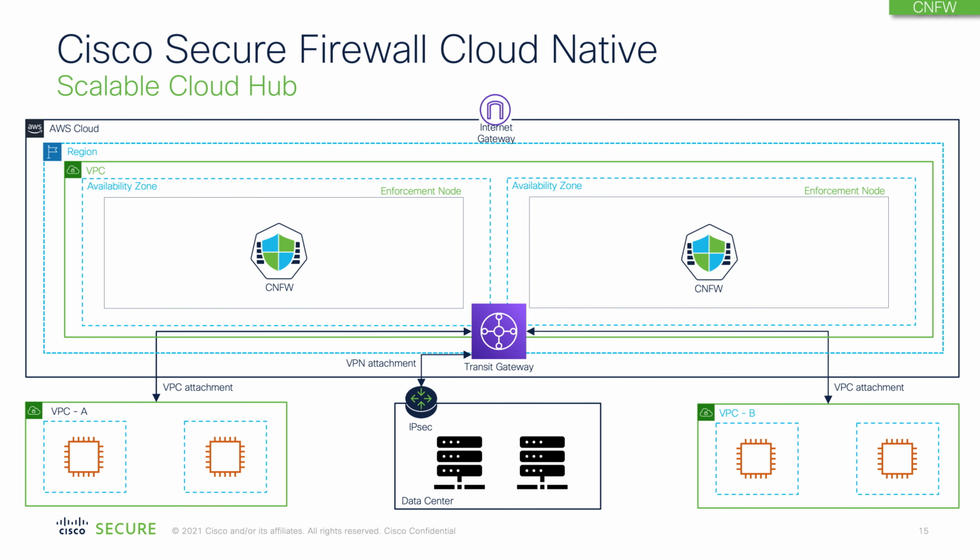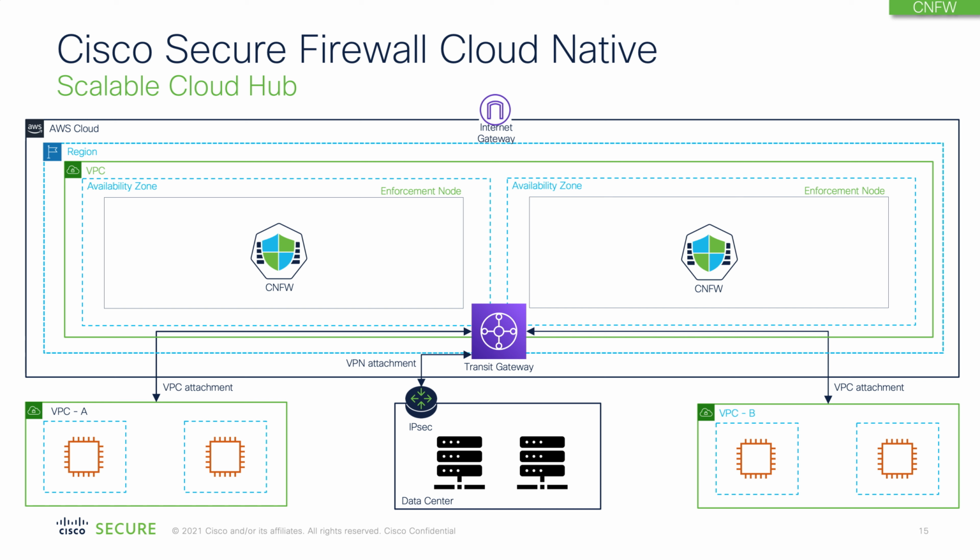Scalable hub is another important thing. If you want to push your VPN into cloud, you can do that. And then you can have a transit gateway or some other device that is capable of doing IPsec. You can place Cisco CSR routers and connect back to your data center. So in the cloud, on the north-south, you will have SFCN providing you RAVPN capability, which is a scalable, resilient, automated architecture.